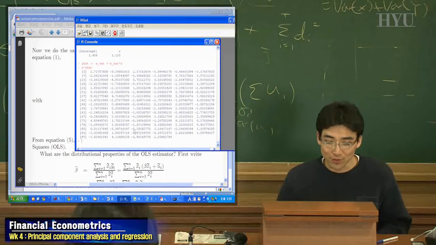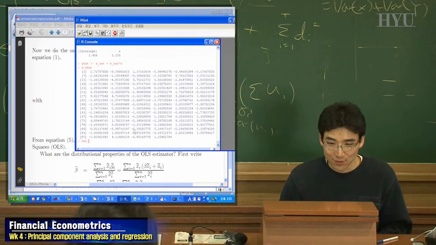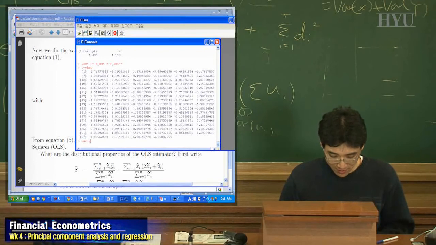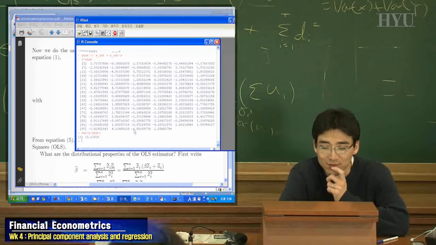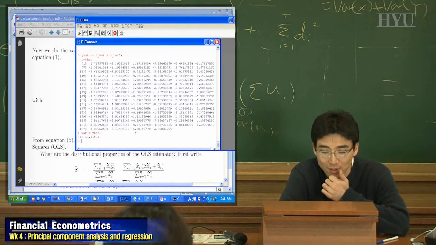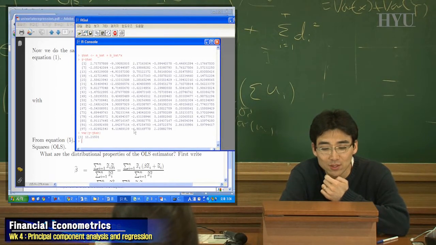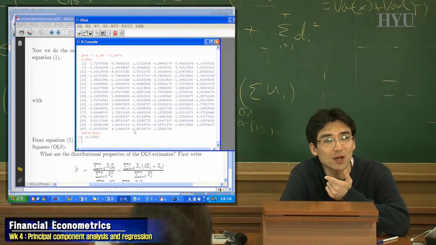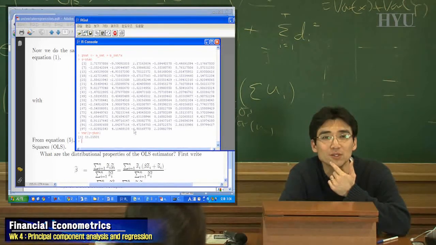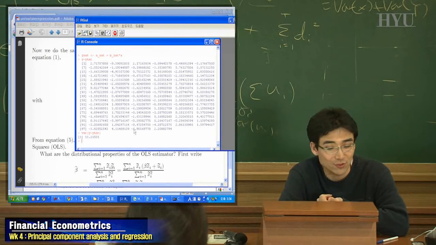If we calculate the variance of y minus y hat, it is about 11, right? Since our standard deviation is 3, our true variance is 9, but this is slightly larger than that.